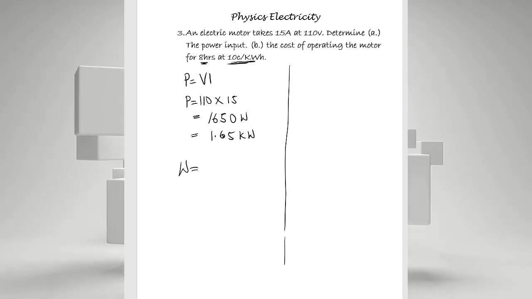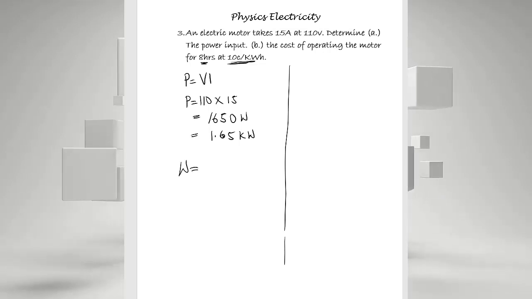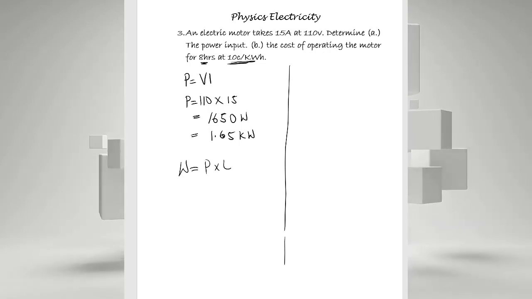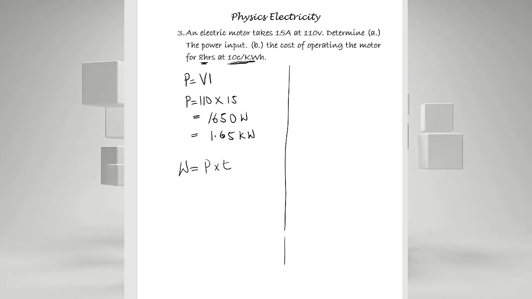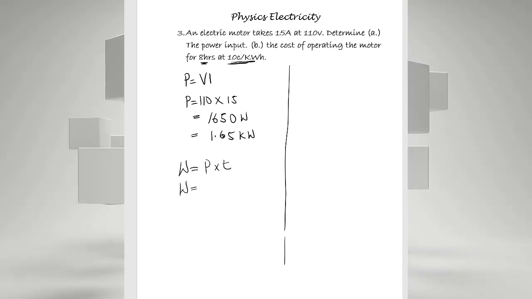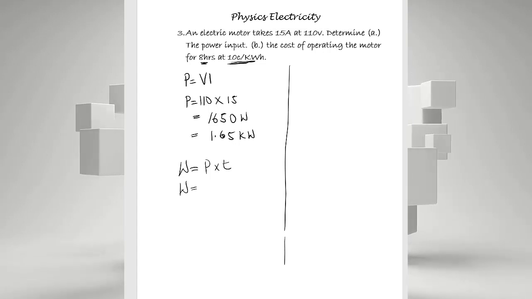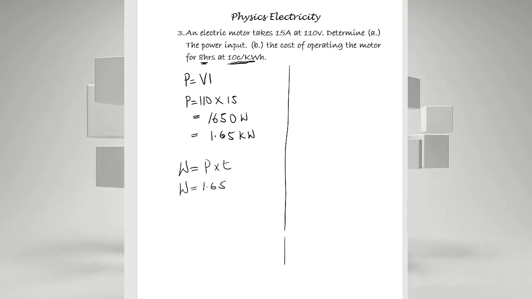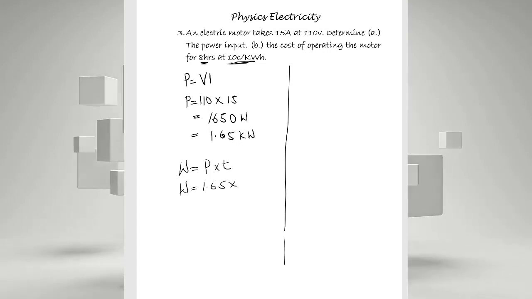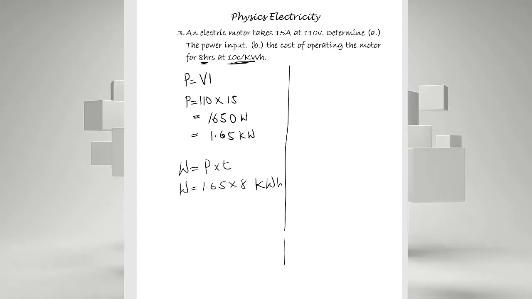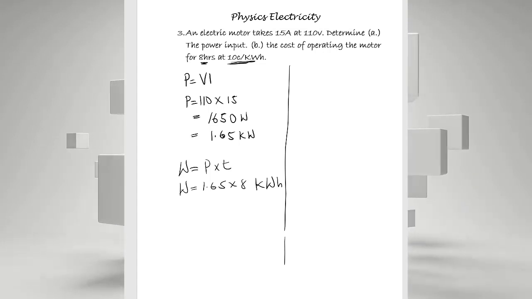So W is going to be equal to P times T. Therefore, W is going to be equal to 1.65 times 8 hours. And this will give me kilowatt hours because I'm not converting the 8 hours to seconds.